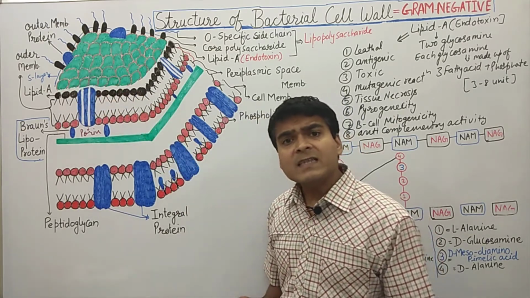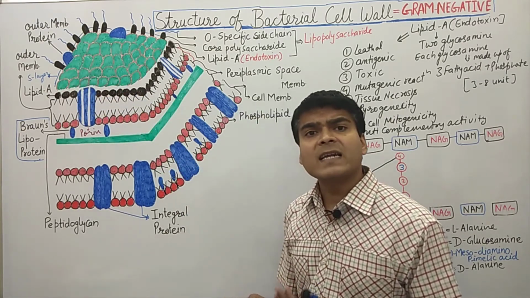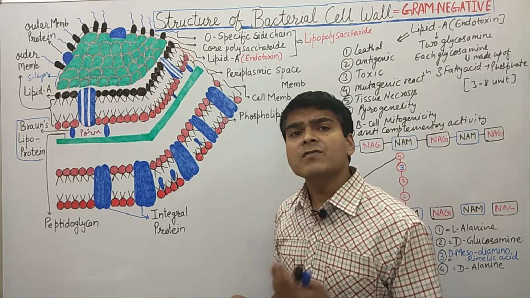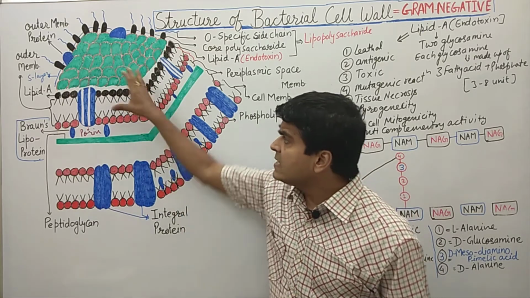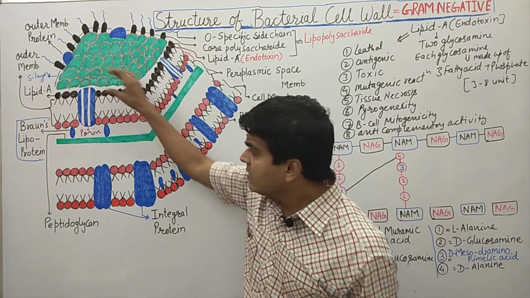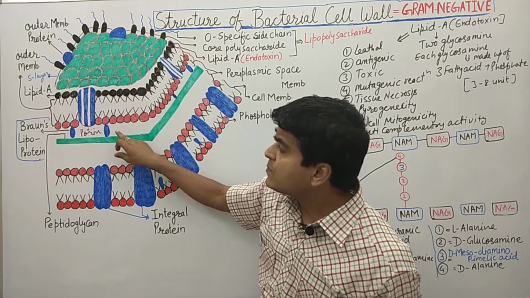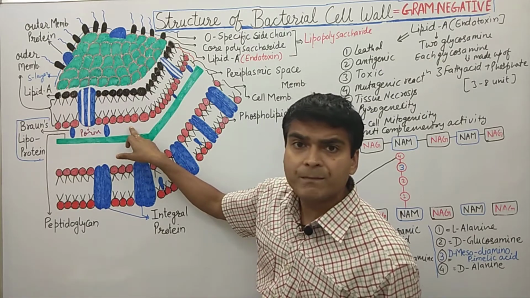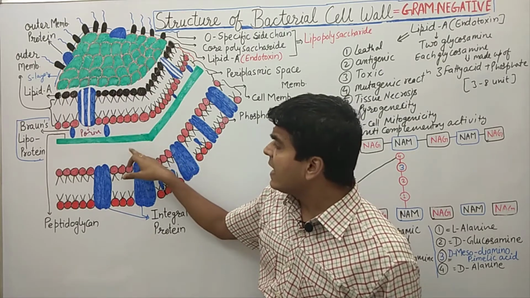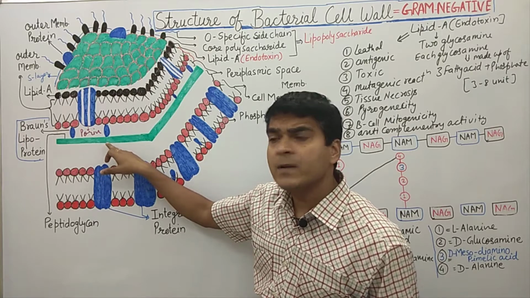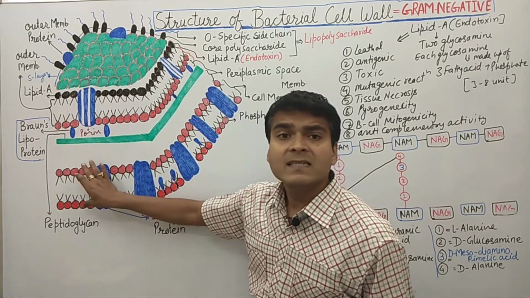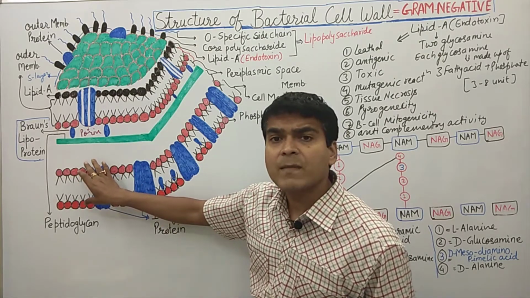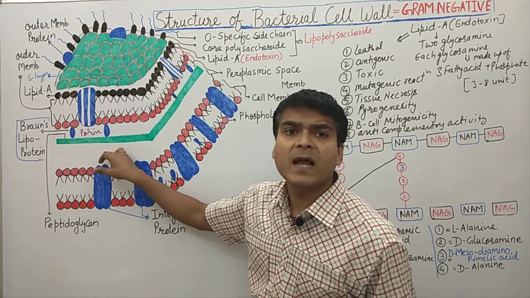So in the structure of the gram negative bacteria cell wall, we can find three structures. One is the outer membrane. Then the space between the peptidoglycan and the outer membrane is known as a periplasmic space, and the space between the peptidoglycan and the cell membrane or plasma membrane is also known as a periplasmic space.